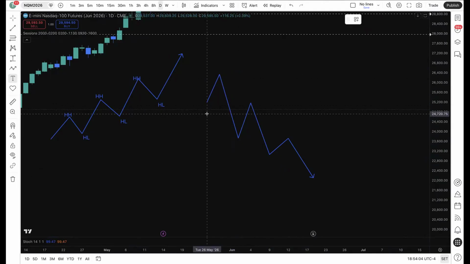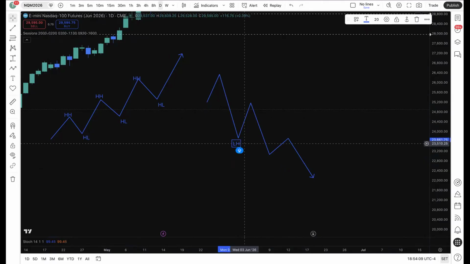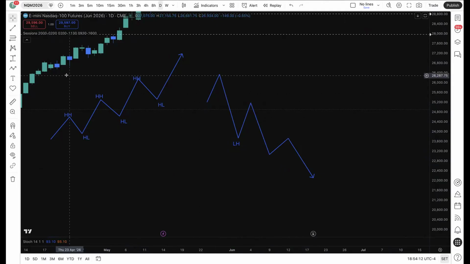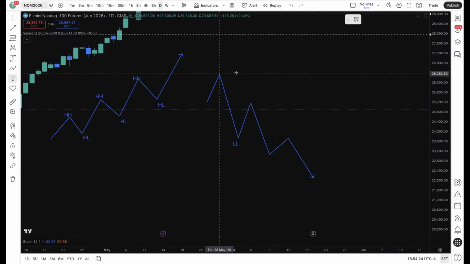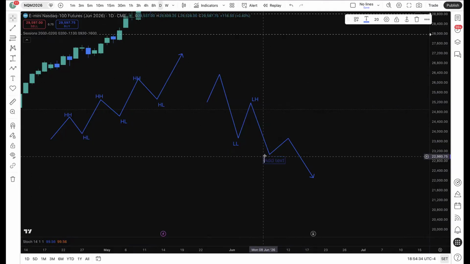Did I say lower high or higher low the first time? I said lower high, okay. My bad. This is a lower low, because this would be a low, right? Then now it's a lower low, and then a lower high, and then a lower low. Again, lower high.